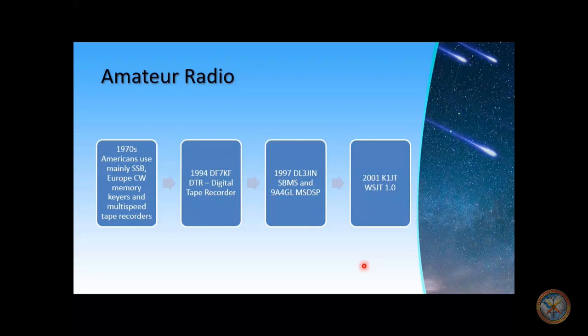And the real breakthrough then are the last two, 1997. There was DL3JIN, who had Sound Blaster MS, and the big thing was, I guess, 9A4GL with MS DSP. It was a DOS program, and in 2000 he came up with a Windows version as well.